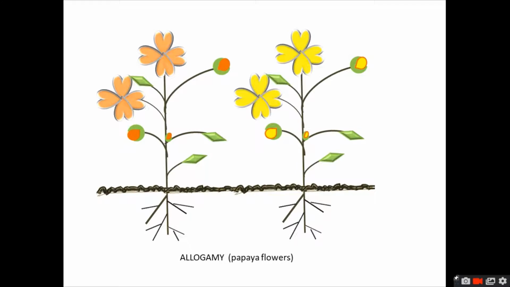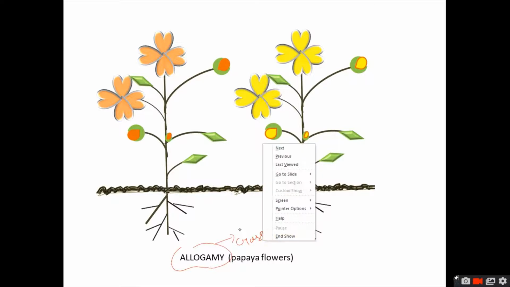Now moving on to our third type of pollination, which is known as allogamy. In allogamy the flowers are unisexual, and unisexual means that the male part is present on one flower and the female part is present on a different flower. Allogamy also defines cross pollination.